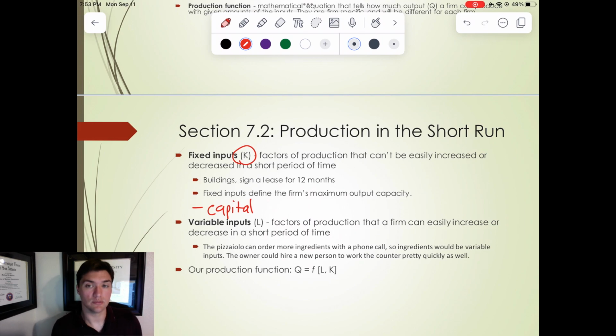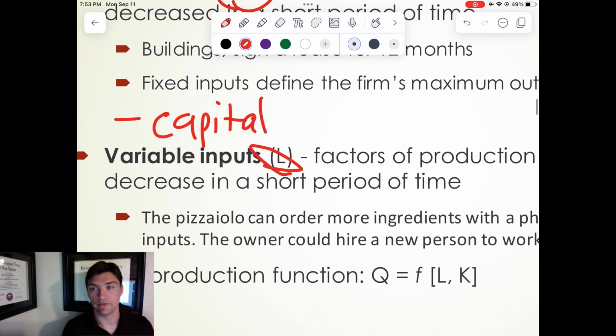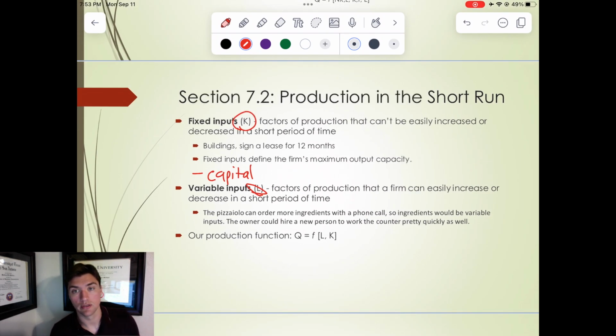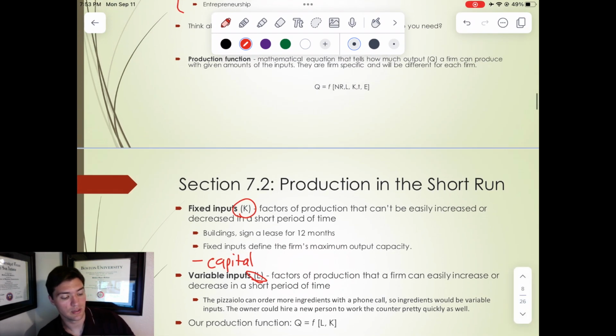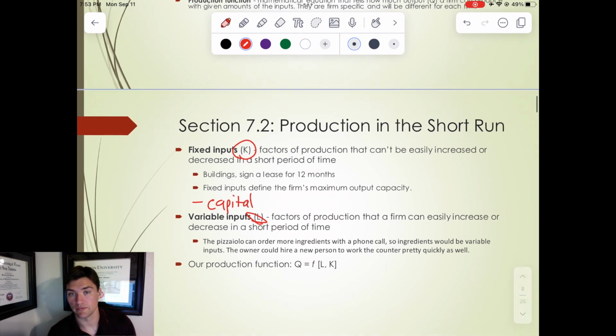That's a variable input, so that's why we say L is a variable input, L for labor. That one does make sense. So that's the difference between variable and fixed inputs. Fixed inputs are not going to change over a short period of time. Variable inputs could change instantly. For this class, we don't have this complicated production function up here. We have a much simpler production function.